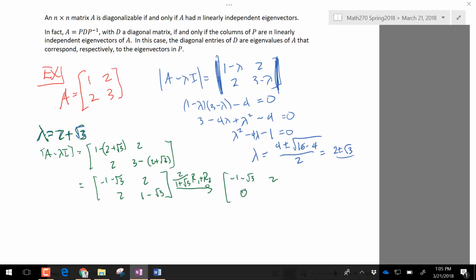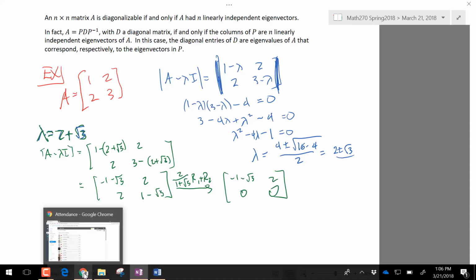Yeah, the other one should be a 0 too. It's not 0, is it? It'll be 4 divided by that, and then you have to add. Let me just double check.